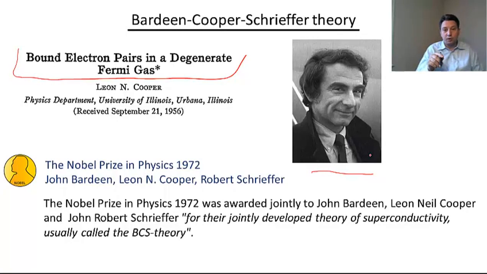This work of Cooper eventually developed into a much more sophisticated theory, which is the Bardeen-Cooper-Schrieffer theory of superconductivity, or so-called BCS theory. And this BCS theory has been the cornerstone of the theory of superconductivity for many, many years.